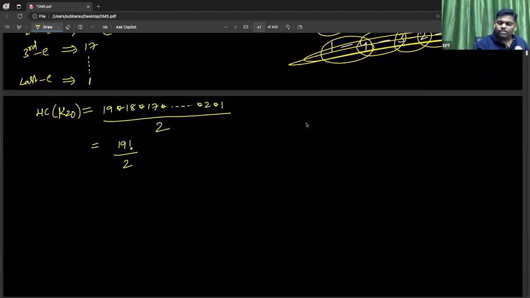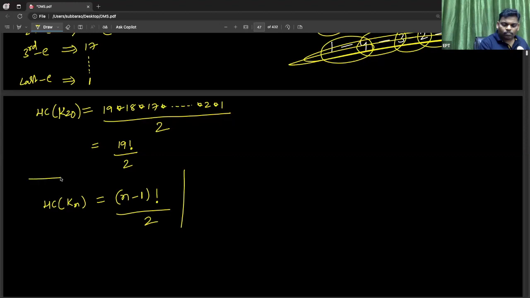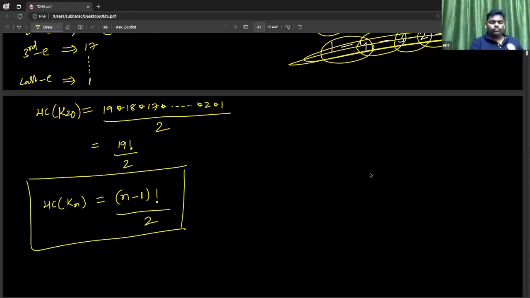Now similarly, the last attempt: the number of Hamiltonian cycles in Kn is equal to n minus 1 factorial, divided by 2. Right? Is it fine? Next one. This formula without dividing by 2 is for a directed graph.